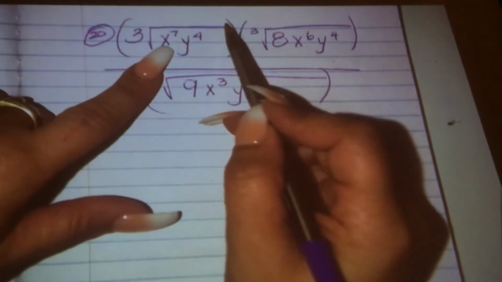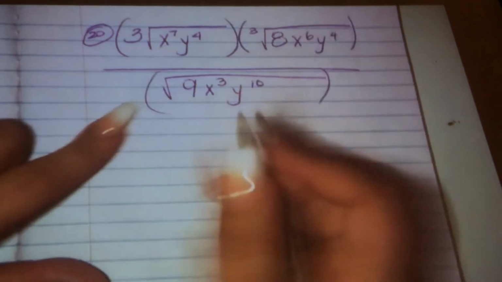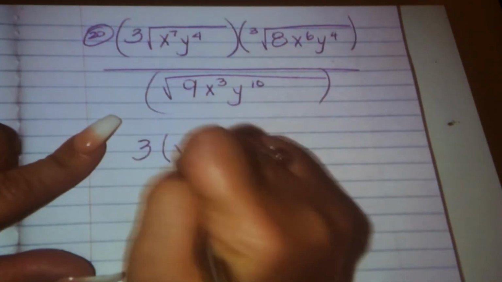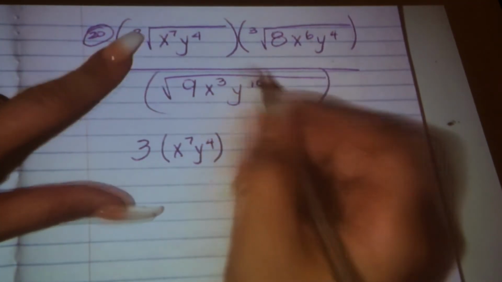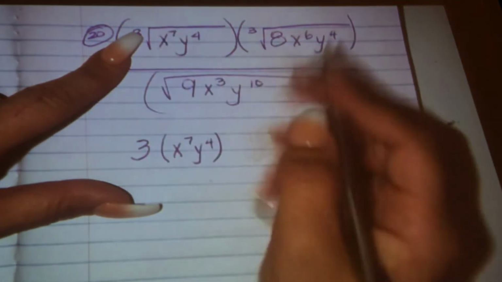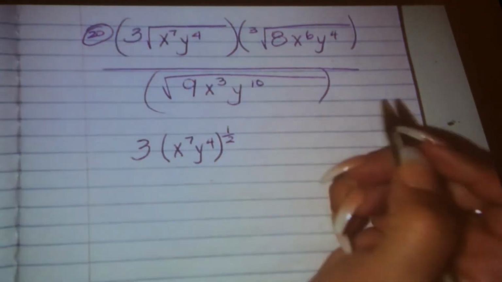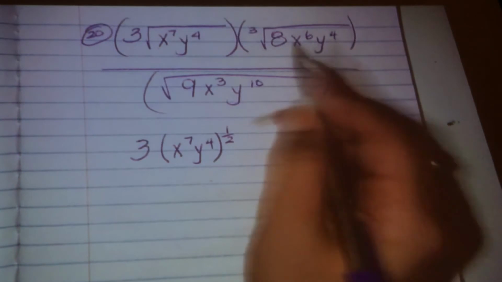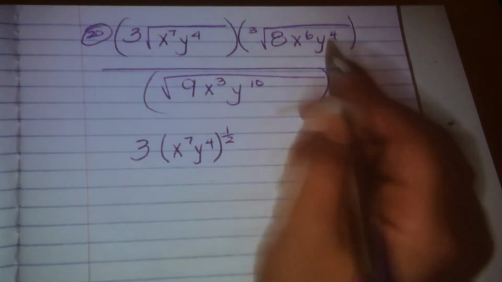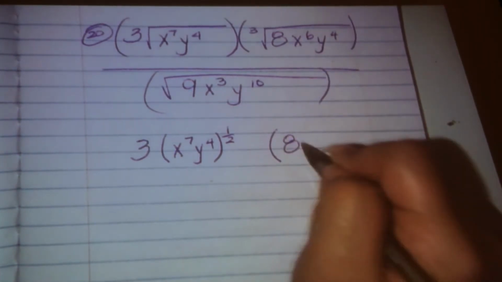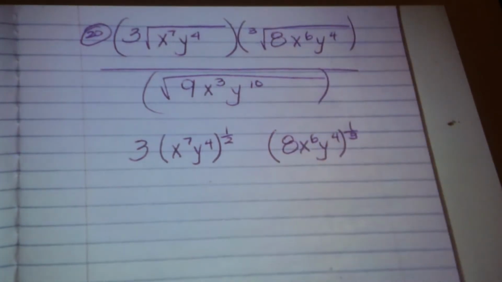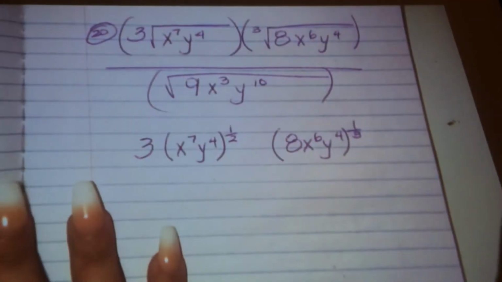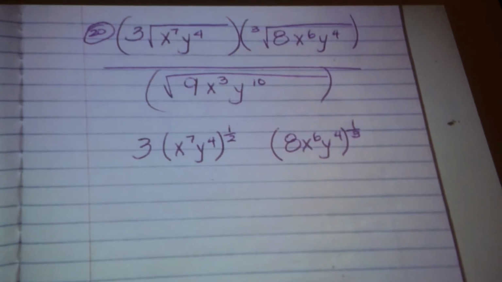We're going to put the exponents up here as fractions, okay? So here's my 3. Here's my x to the 7, y to the 4th. To what power, Heidi? Is that a 3 right here? Very good. 1/2. Good job. This one is going to be 1/3. So just so that you can highlight, hurry up.